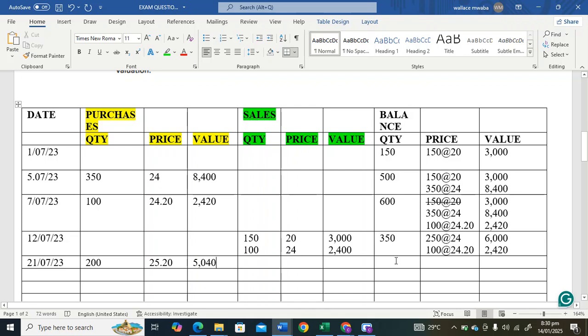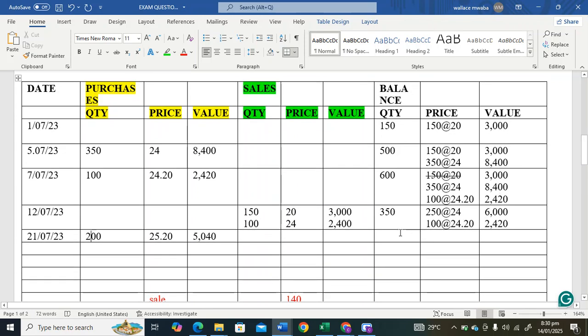So here on our balance, we had 350. We brought in 200 goods. So how many do we have in total? 550 goods, right?